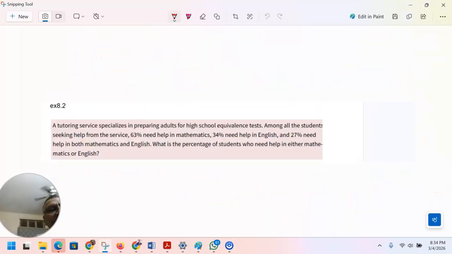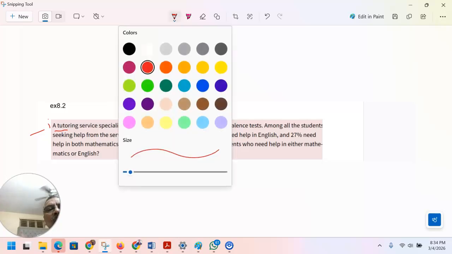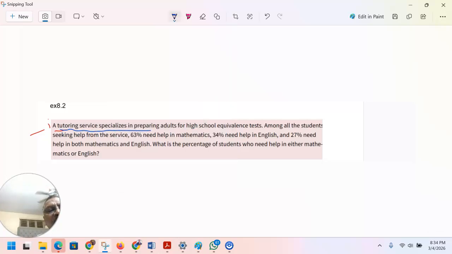Okay, what this basically means is, in 8.2, a tutoring service specializes in preparing adults for high school equivalence tests. Among the students seeking help, that means they go for tutoring from the service, 63% need mathematics.